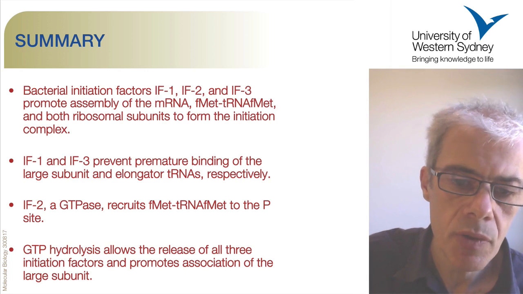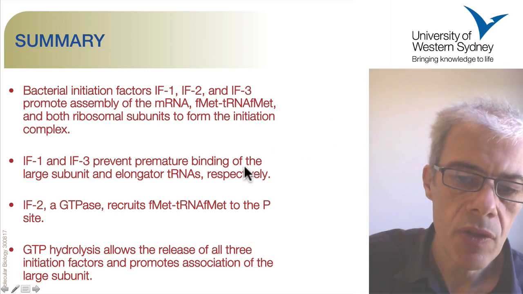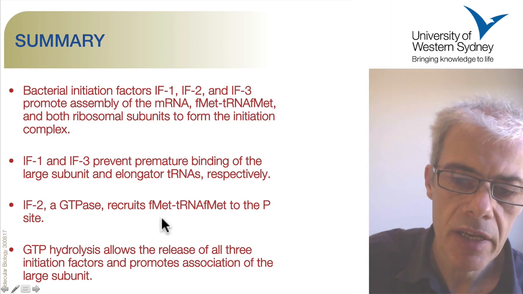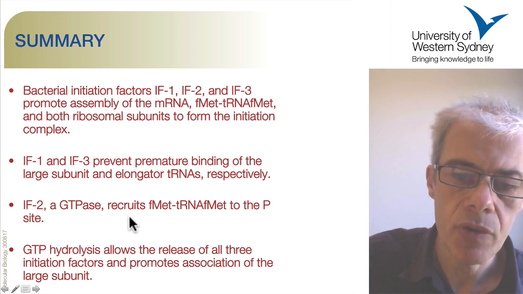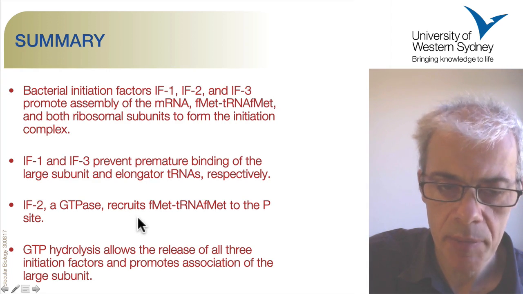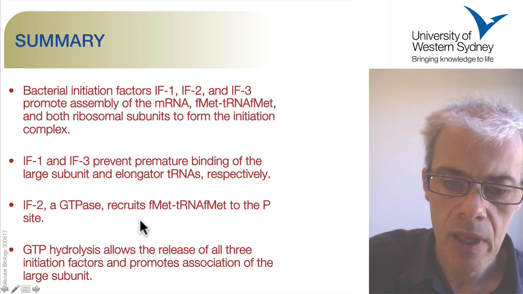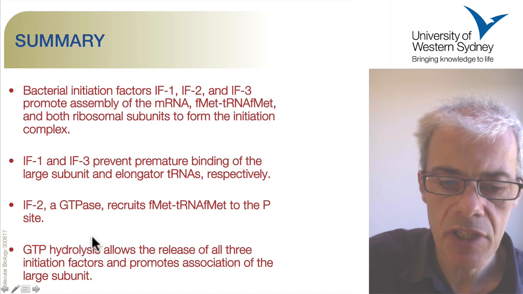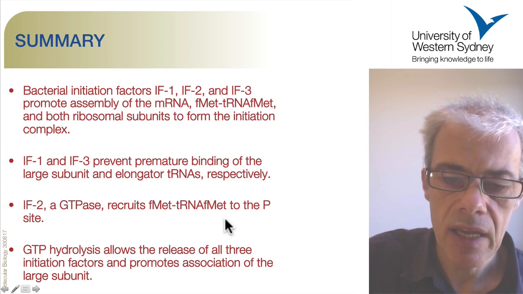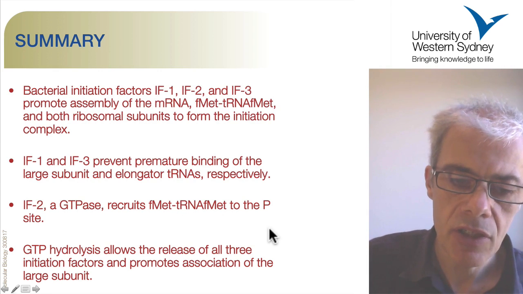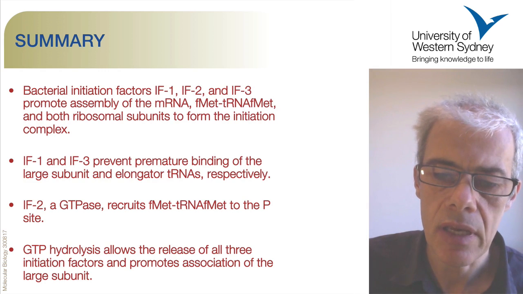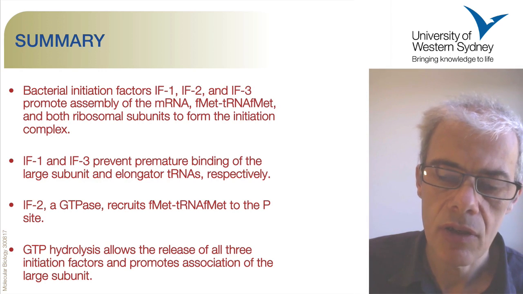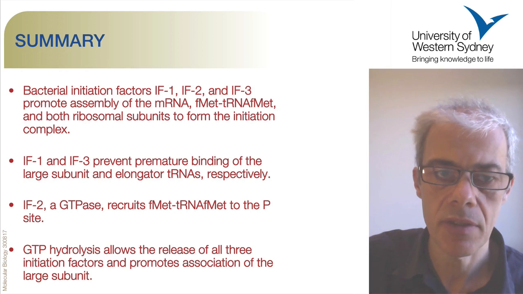IF2, as I showed you, is bound to the transfer RNA for the initiator methionine, and this IF2 helps recruit this transfer RNA to the P site of the ribosome. And hydrolysis of the GTP then allows the dissociation of these initiation factors and allows the assembly of the large ribosome subunit to the complex.